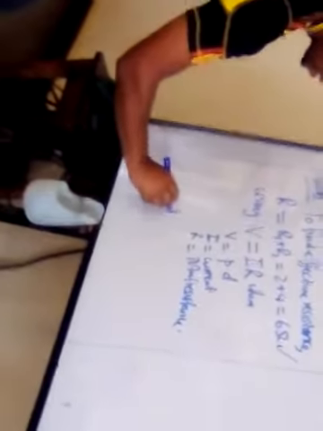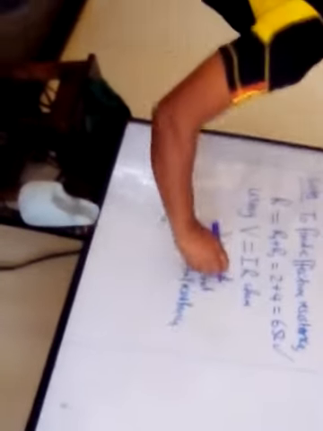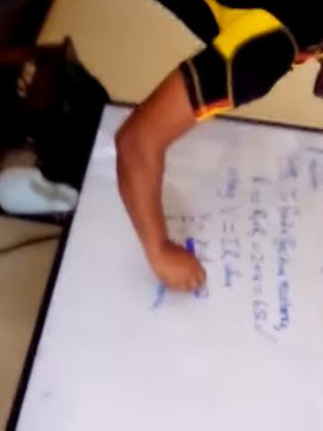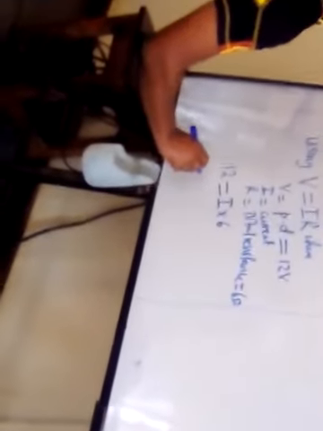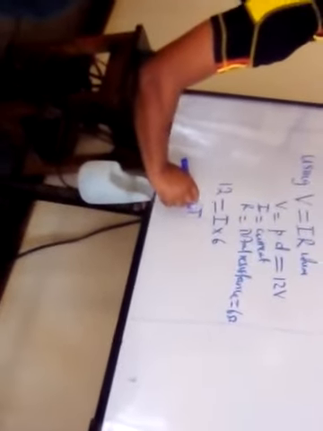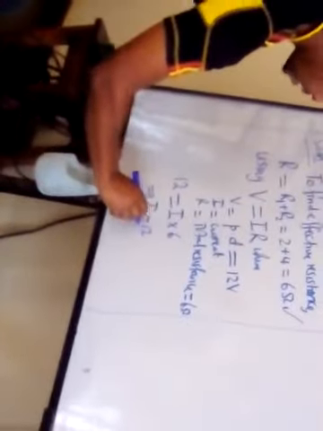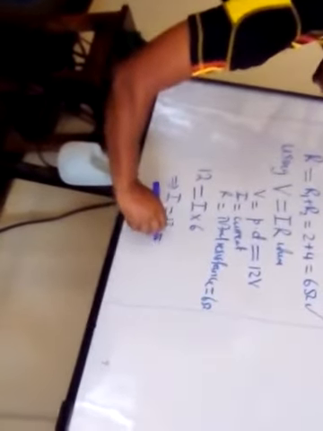If we substitute our 12 volts as V and our 6 ohms as R, we can find I. By calculation, I becomes 12 over 6, which gives us 2 amperes.